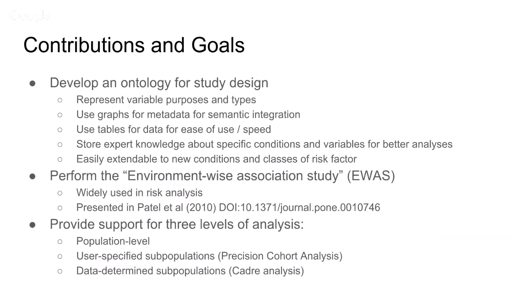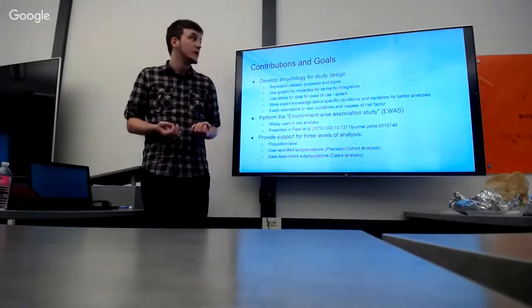We can develop graphs, so the computer science graph, not a visualization, for semantic integration. However, we're using graphs for metadata specifically. The analytic techniques we have at our hands right now are mostly oriented around that tabular format for data, where you have essentially a CSV of observations and features.